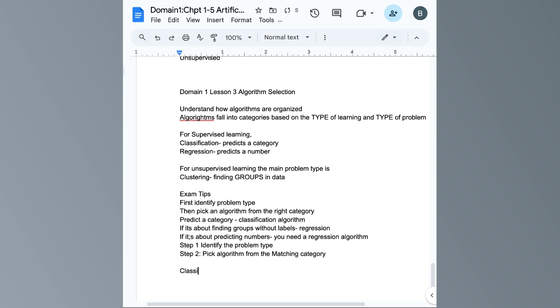Let's start with classification. We're going to dive into the classification algorithms. Classification is about predicting categories such as spam or not spam, fraud or legitimate, cat or dog, approved or denied.